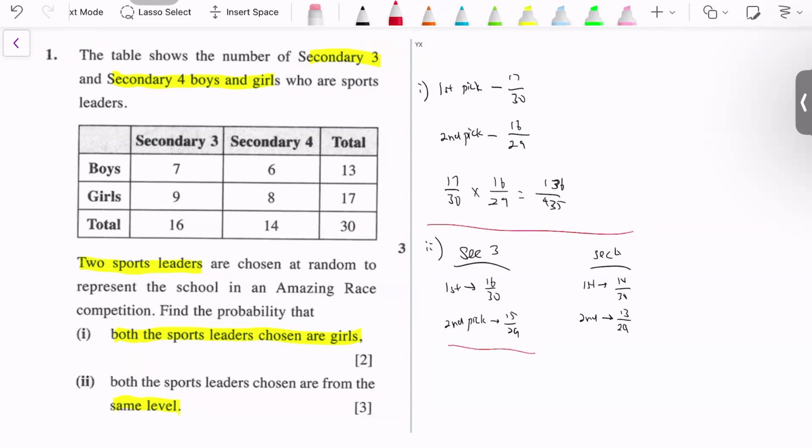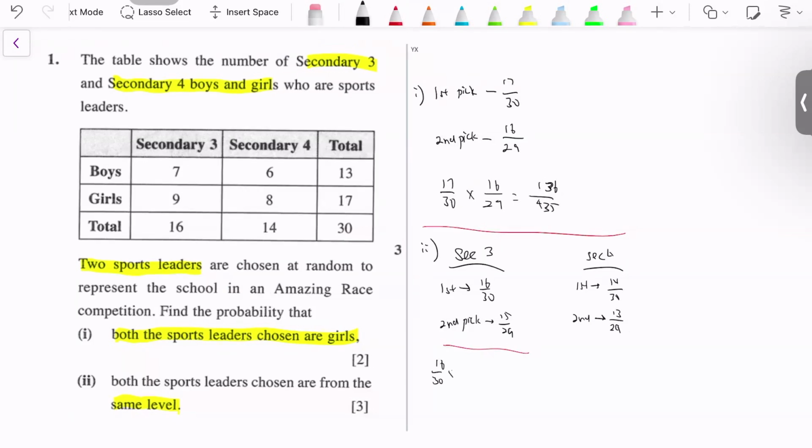So in this case, if both are Sec 3, the probability of us getting both Sec 3 would be 16 out of 30 times 15 out of 29. It will give us 8 out of 29. If both are Sec 4, the probability of us getting both Sec 4 will be 14 out of 30 times 13 out of 29, which should give us 91 out of 435.